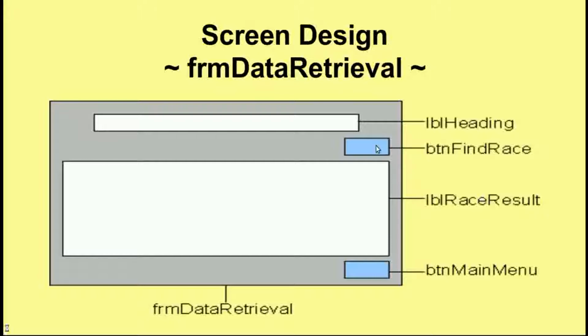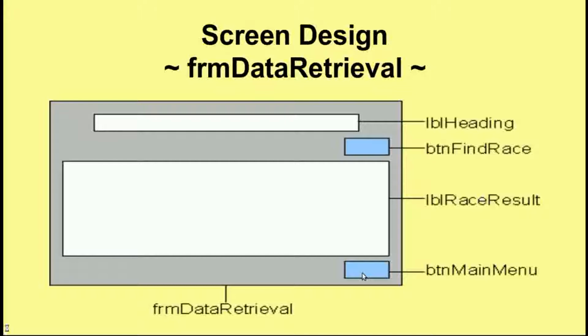So the user clicks on that button and it will ask the user which race they want. It will then go away and find the file for that and display the results in LBL race result. So this is where the user will see the position of each driver and team in that race. And finally, there's a button to return us to the main menu.